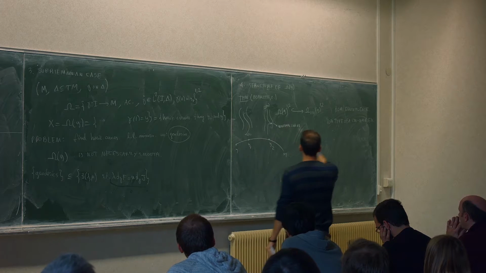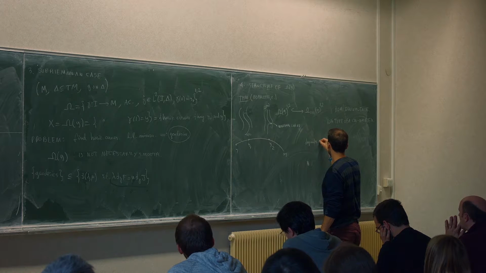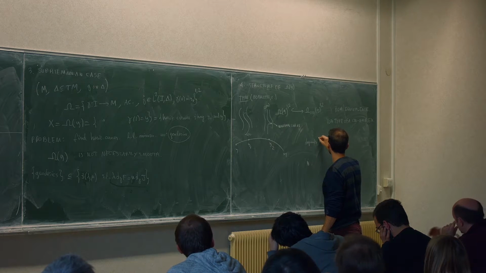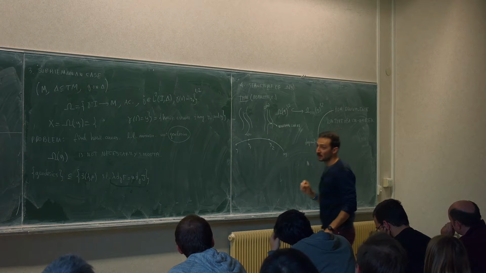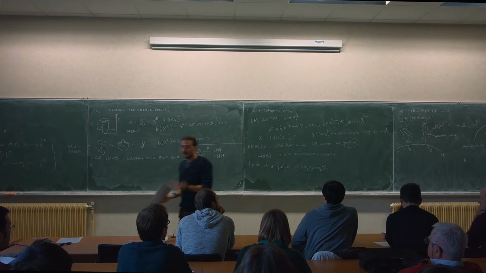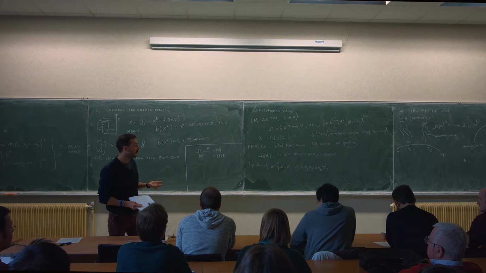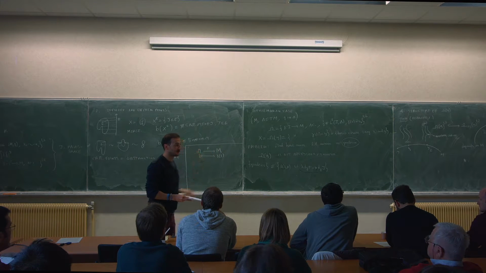So the homotopy type of this depends on M, but it depends on M in a very controlled way, which is basically what is already known by Serre. You can compute, if you want, the homotopy groups of this space using the homotopy groups of M.